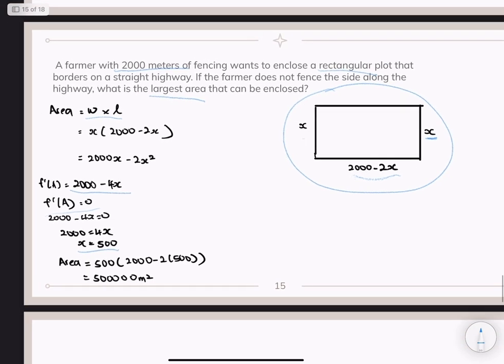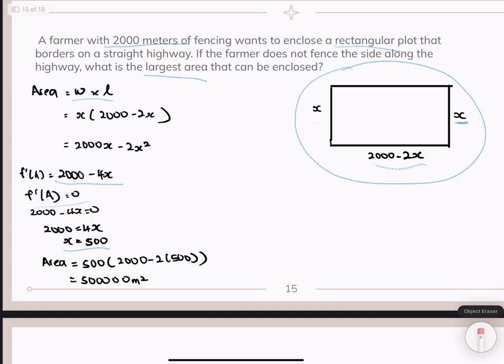So we just need to put the 500, the x value, into the area, so that we can get the area is 500k meters.